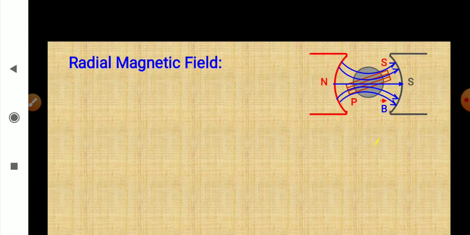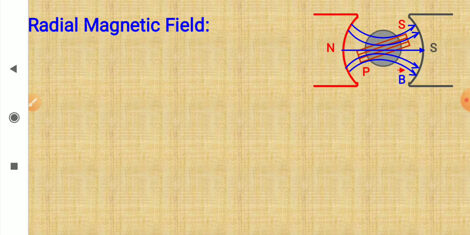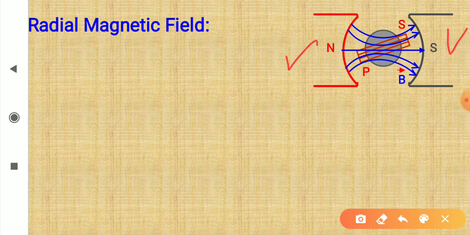For this radial field we use cylindrical magnetic poles. The magnetic field will start from the North Pole, and this is the top view of the galvanometer.